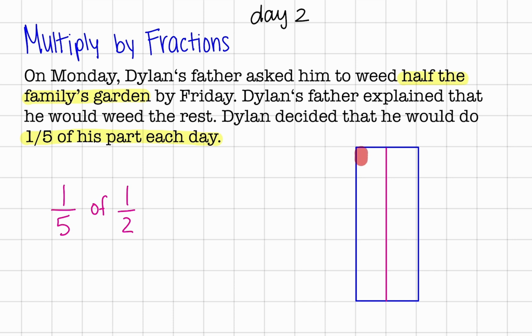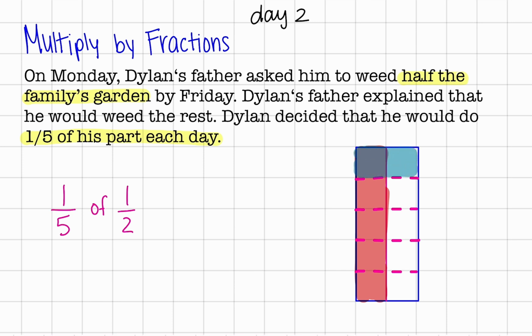So I'm going to color in 1/2 of the garden, right? And then each day he's going to do 1/5. So we're going to divide this into fifths, right? And we can color 1/5, right?